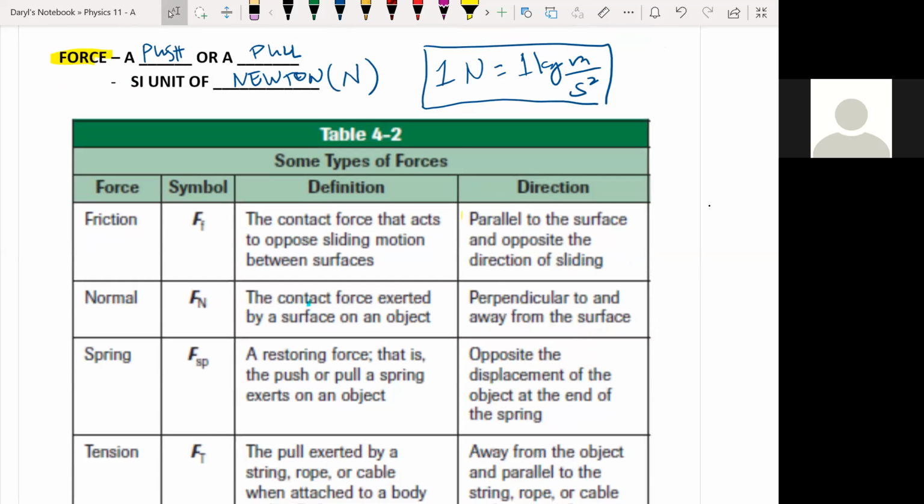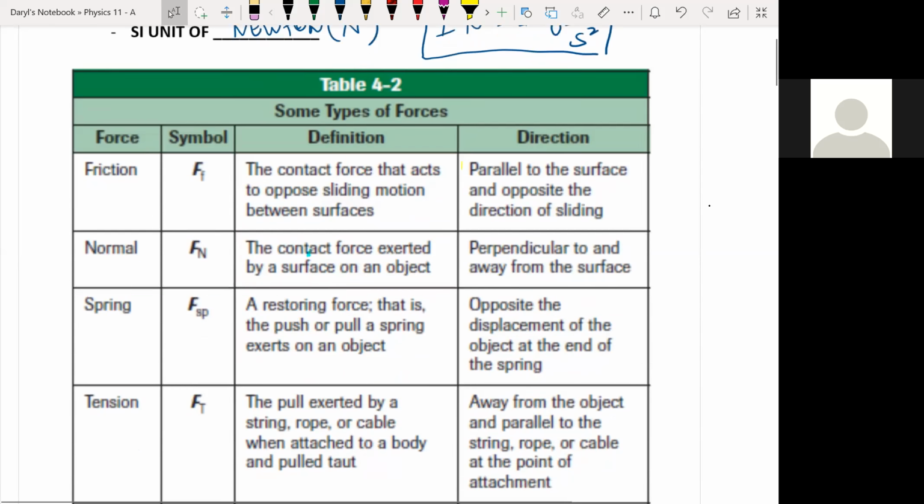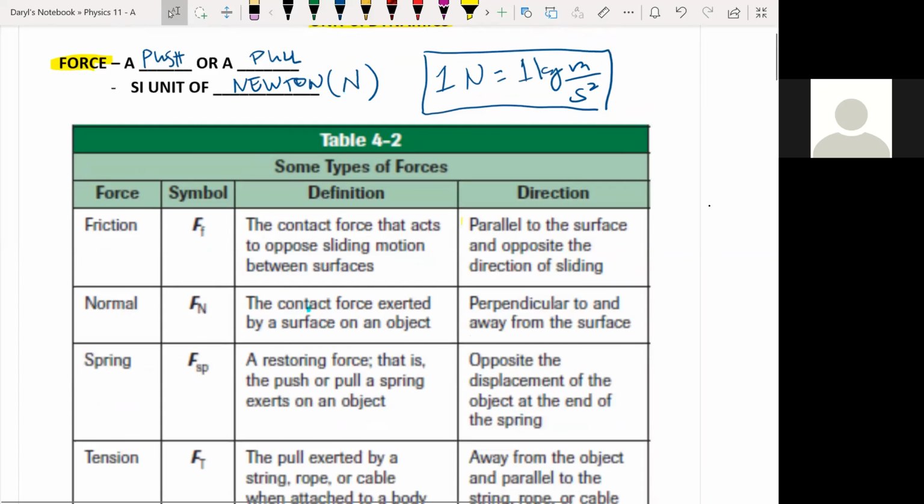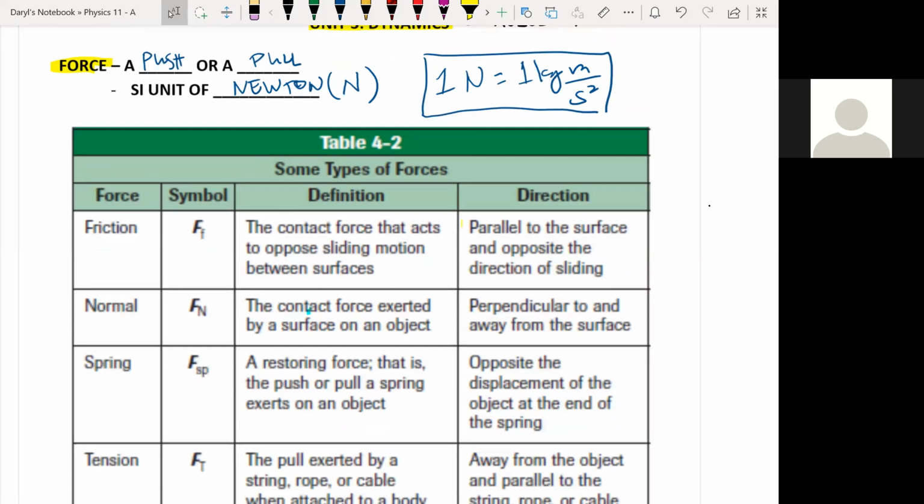I want to include this one because in this particular unit, you'll be encountering these forces, okay? And an integral part of understanding this particular unit is to identify these particular forces, okay?